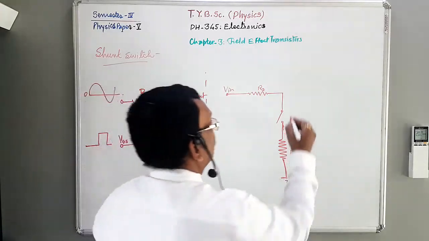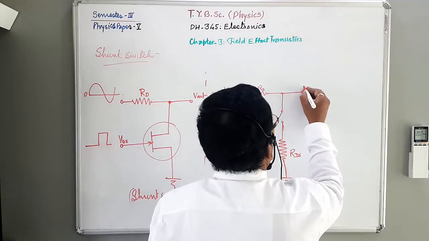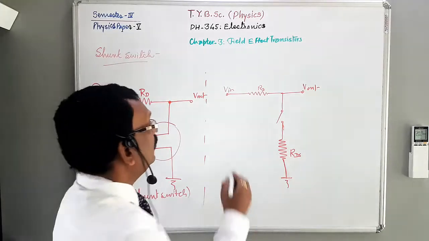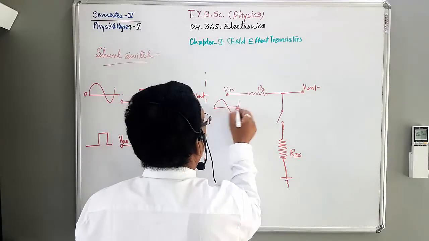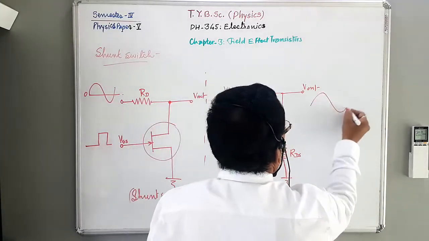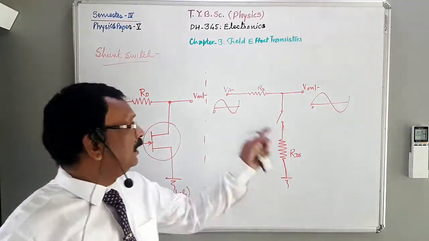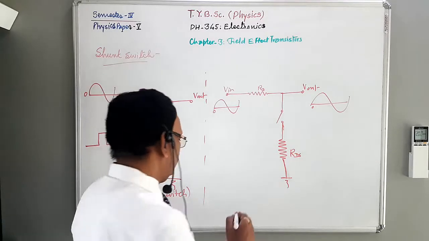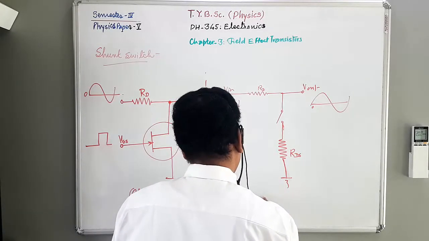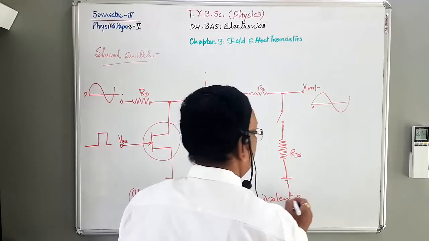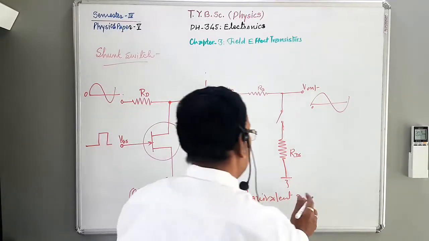And this is the output signal. Here the signal is given, and here the output is like this, that is, the output is in phase with the input. So this is the switch equivalent circuit.